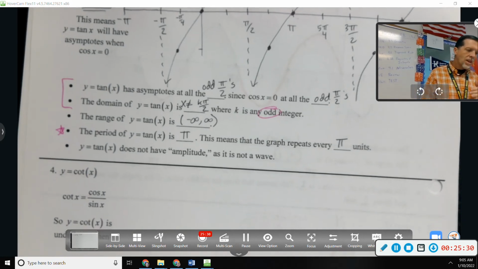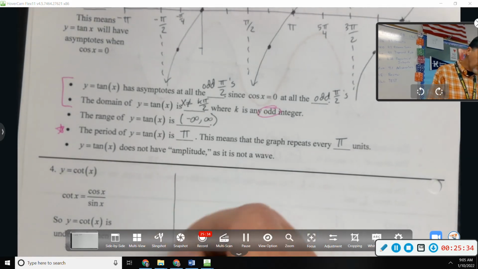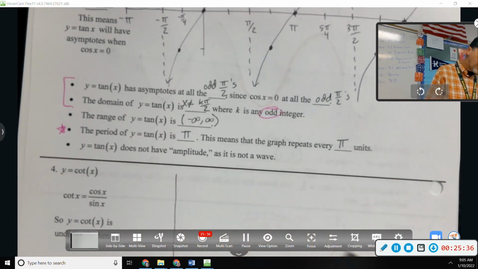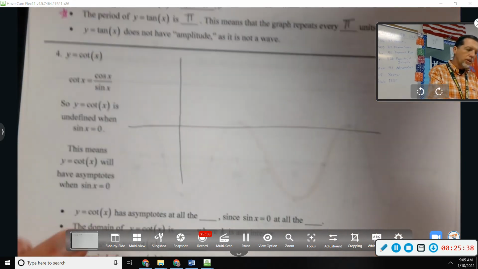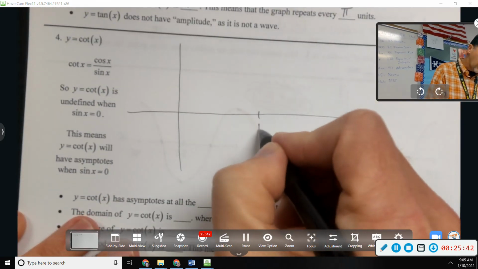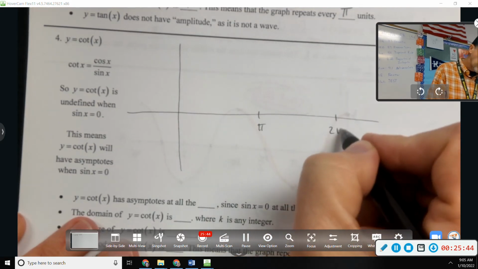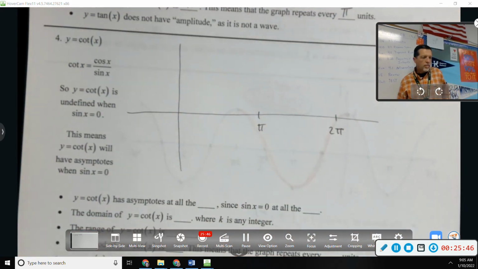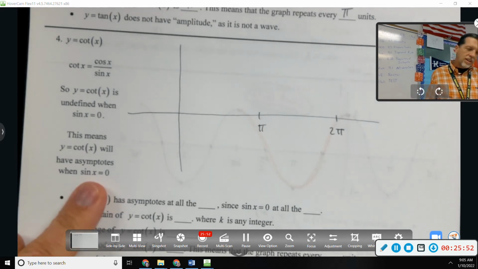Sine, cosine, and tangent are by far the most important of the graphs. So we're going to quickly go through the other three because they're not nearly as important. Cotangent, cosine over sine. So that means it has asymptotes where sine is 0.